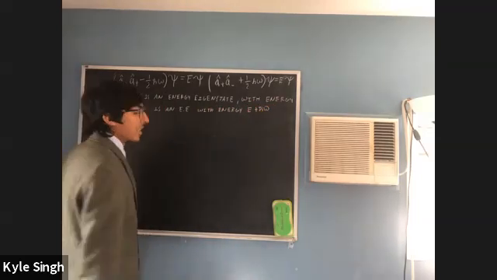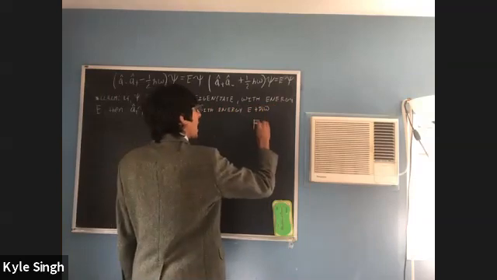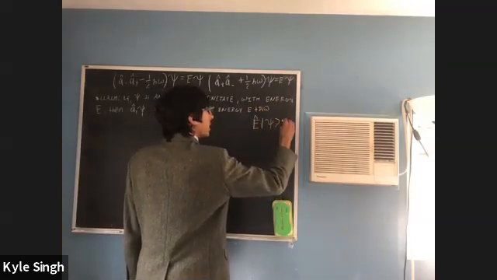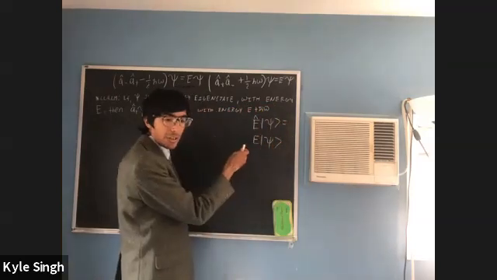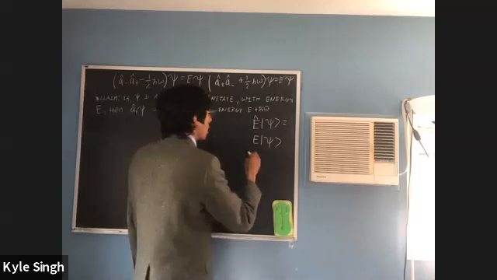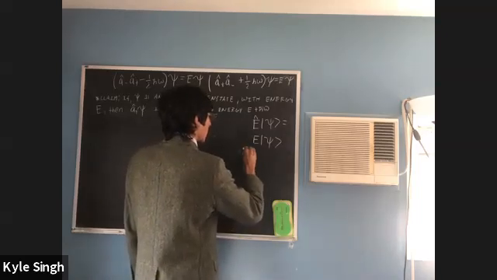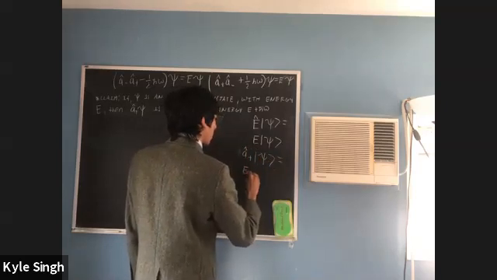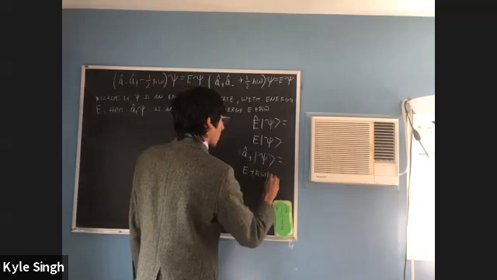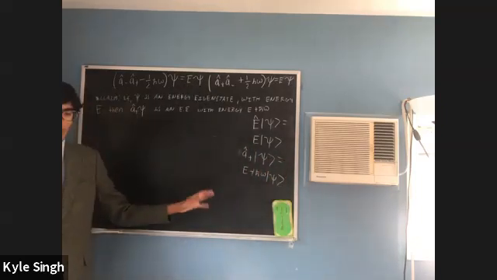So we'll write this in bracket notation. If I have E hat on psi equals E psi, right? This is our eigenvalue equation. If I have A plus on psi, I get E plus h bar omega on psi. That's what I'm saying.